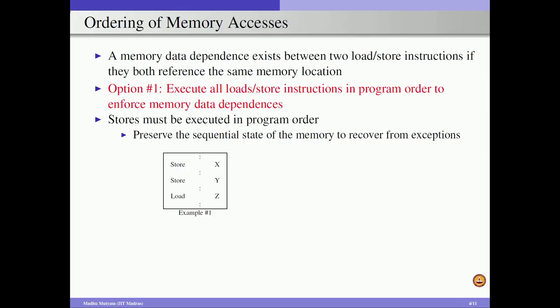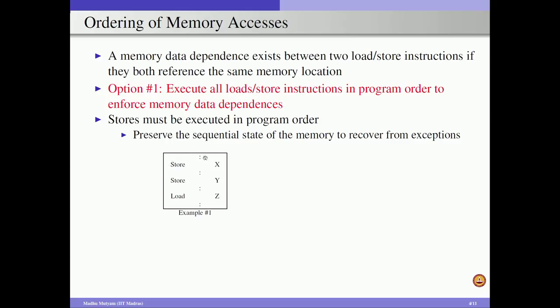But if we follow option 1, which says that we have to execute all the load and store instructions in program order, then we have to execute this load instruction only after we execute store X and store Y. That is going to degrade the performance, because this load instruction is independent of the previous stores.